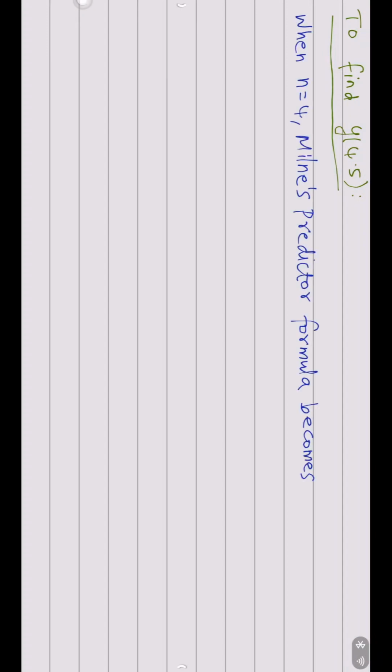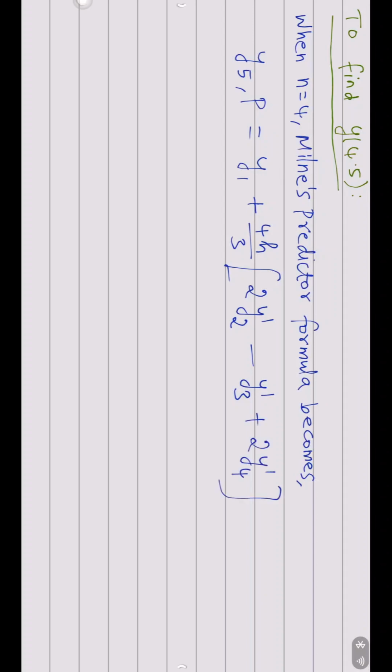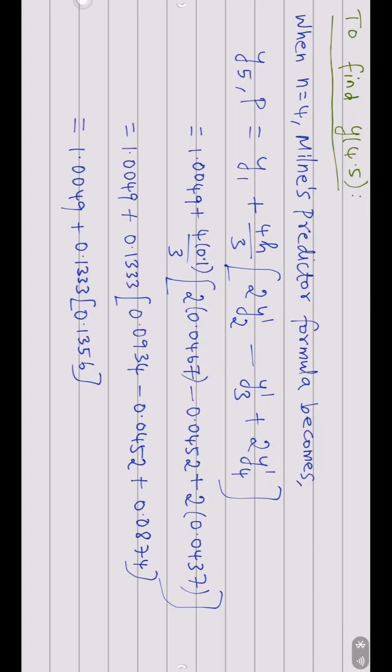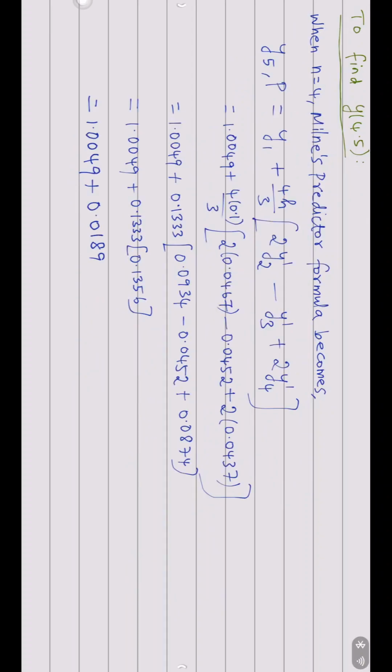Next, we find y of 4.5 using Milne's formula. To do this, as usual, first we take Milne's predictor formula. When we substitute n equal to 4 in Milne's predictor formula, we get y5, p equal to y1 plus 4 times h by 3 into 2 times y2 dash minus y3 dash plus 2 y4 dash.